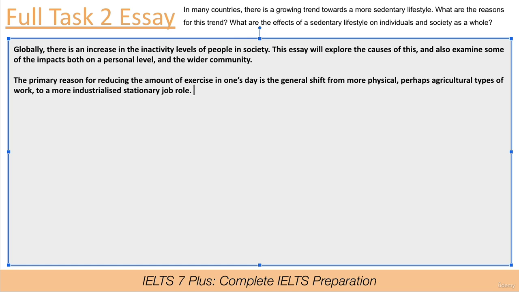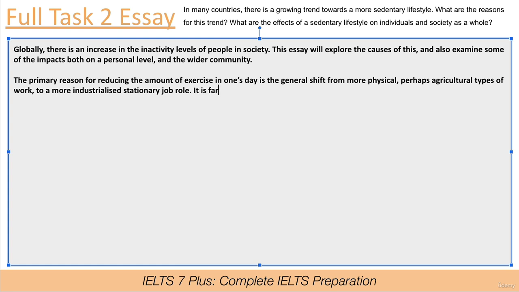We've gone from maybe working outside or using our bodies for work to an industrialized situation where there are now roles which don't require a lot of movement. Let's just add on technology, or maybe we can explain this a bit more.